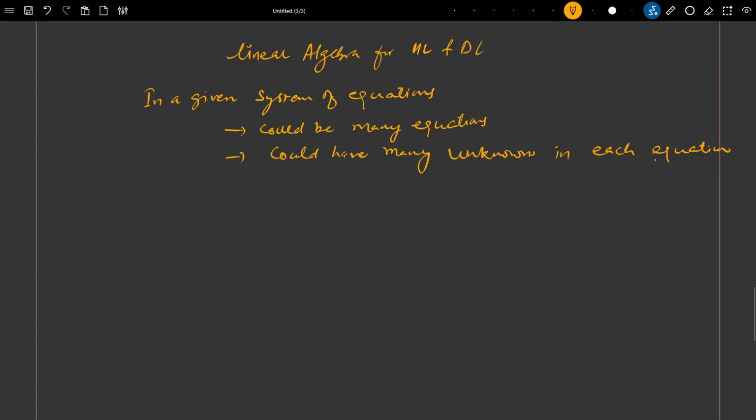So, to have an example that's related to machine learning, let's describe a regression. Let's have y equals a plus b x1 plus c x2 plus so on up till m x_m.